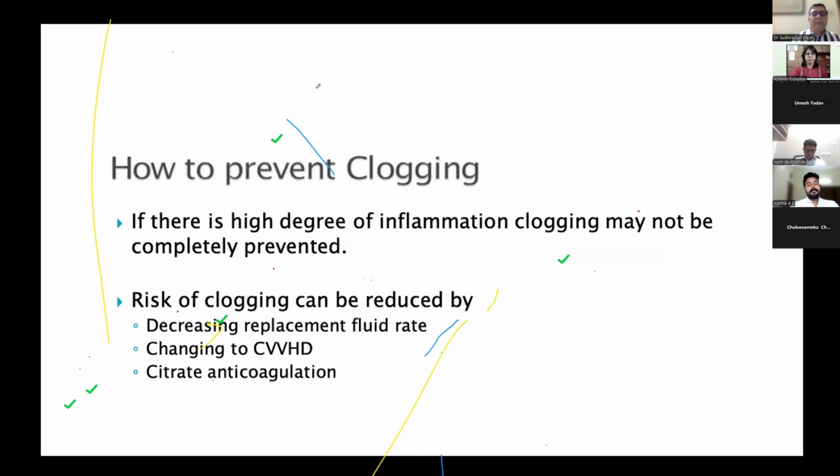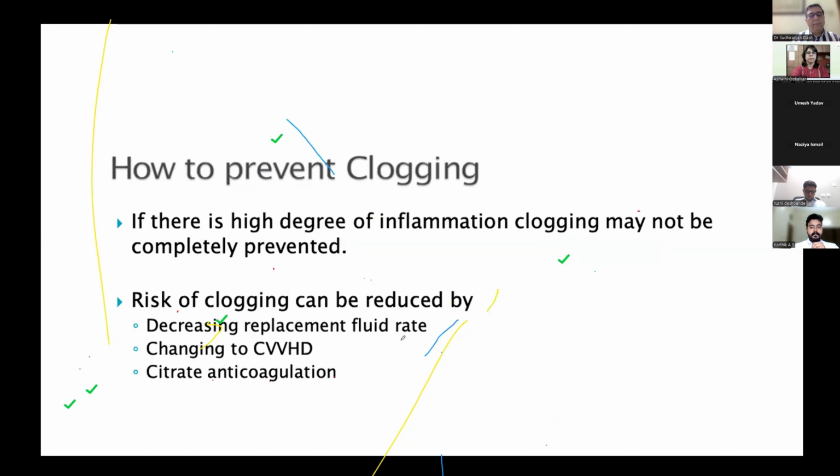So what are the ways by which we can prevent clogging? By decreasing the replacement fluid and by changing the HF mode, or the hemofiltration mode, to hemodialysis mode. Since hemodialysis is basically diffusive clearance, it doesn't get affected by the small pore size, whereas hemofiltration requires larger pore size.